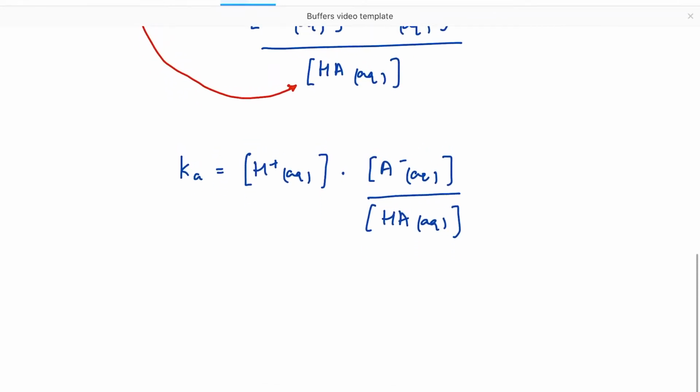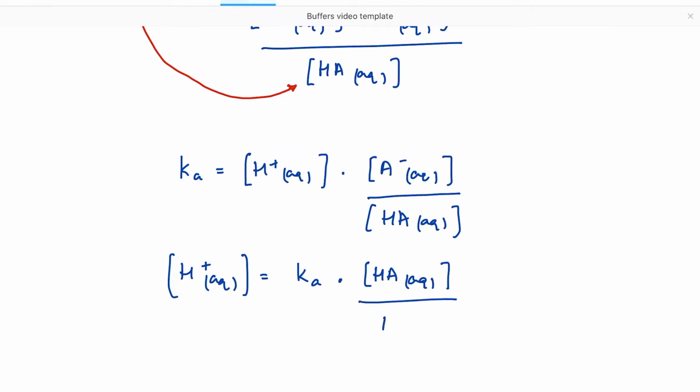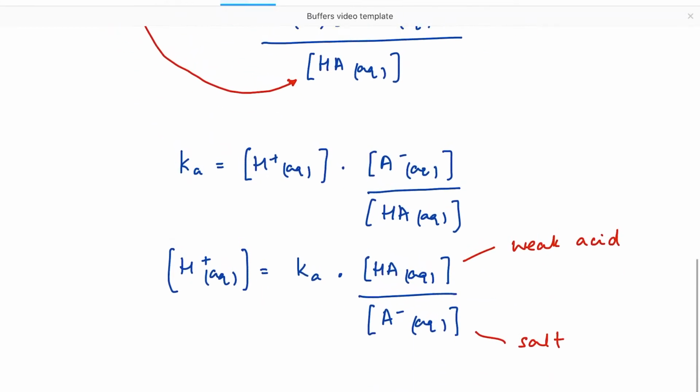Taking this one step further to rearrange, therefore my hydrogen ion concentration is equal to Ka multiplied by the concentration of the acid, once I've rearranged, over the concentration of the salt. So remember, that is the weak acid used to make the buffer, and that is the salt, or the conjugate base, used to make the buffer.